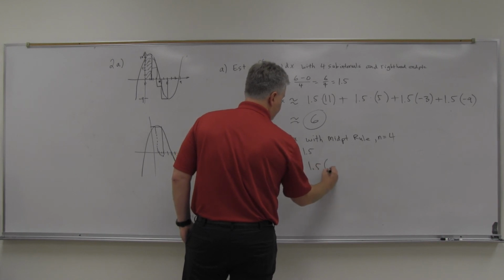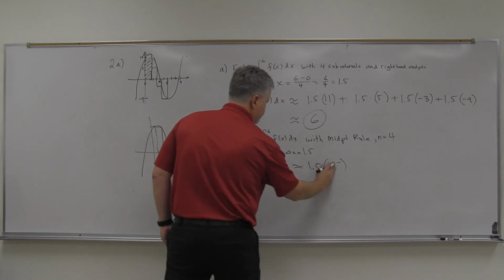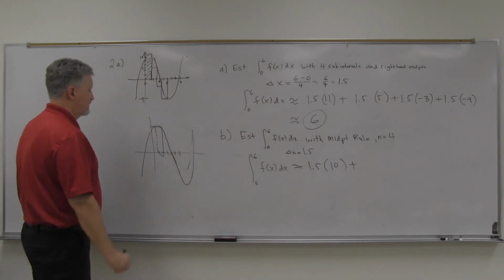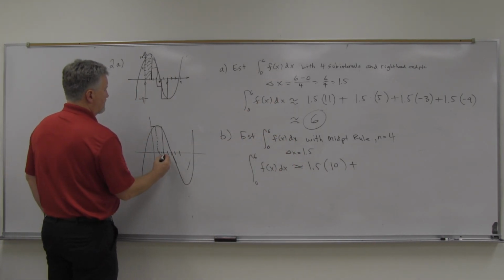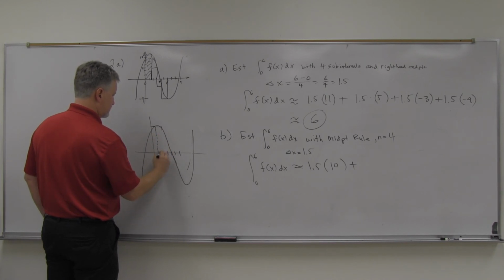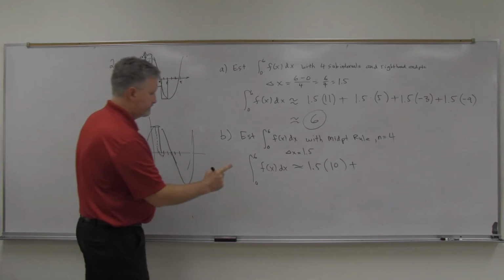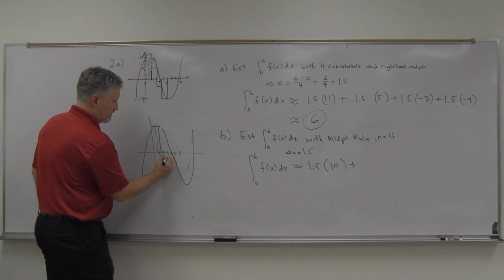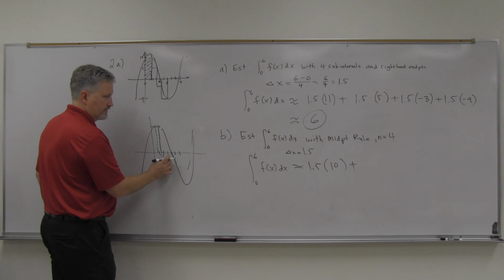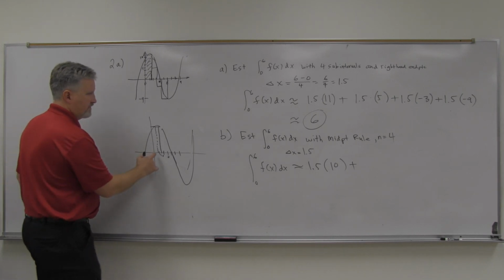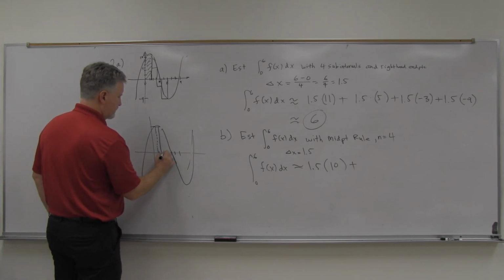Still 1.5 wide, but the height now is 10. All right, then the second one is 1.5 to 3, but I would go at the midpoint between 1.5 and 3, which is 2.25.